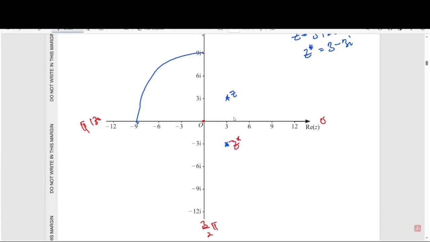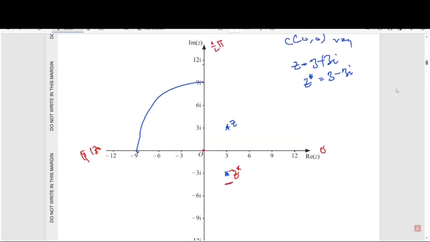So you check these two things carefully, and then you realize that the conjugate of a complex number on that diagram is just the reflection of that complex number in the real axis. So this star just means that we are to reflect a complex number with the real axis as the mirror line. So you realize that the z star here is just the reflection of z over here.